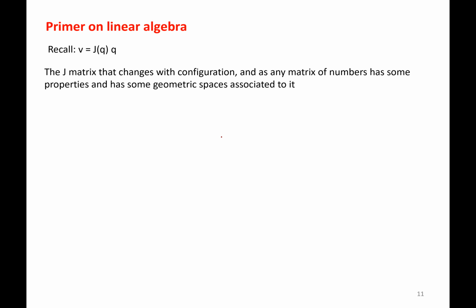And we know that the Jacobian matrix changes with the configuration, because we have a dependency on the joint variables. And the Jacobian matrix in essence is a matrix of numbers. And as any matrix of numbers, it has some properties, and it also has some geometric spaces associated to it.